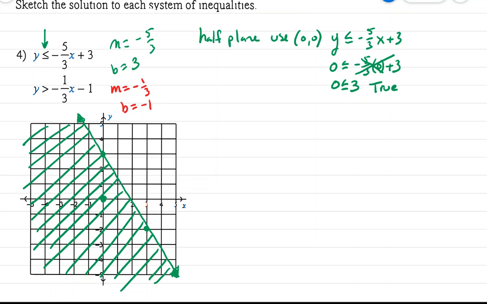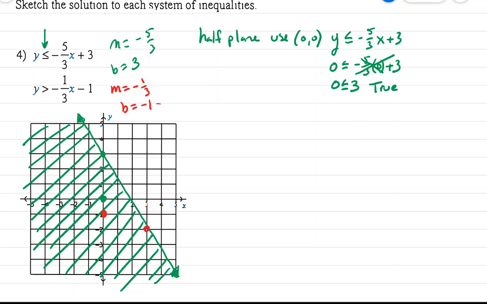Using b at negative 1, we're going to go back to the origin and go down 1 and put a dot right there. Now we're ready for our slope. Notice our slope is negative 1 for the rise and positive 3 for the run. So we're going to go down 1 unit and run to the right 3 units. So let's go down 1 unit, run to the right 3 units, and right here is our second ordered pair.